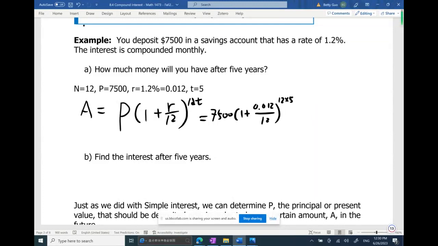You can calculate manually if you like, but I'm recommending the easiest way for you, which is to use the calculator. So now we are going back to the calculator.